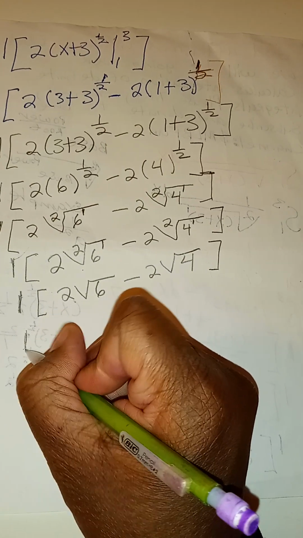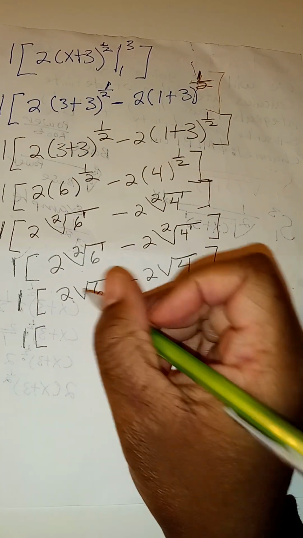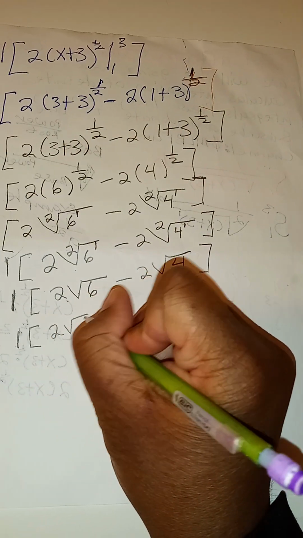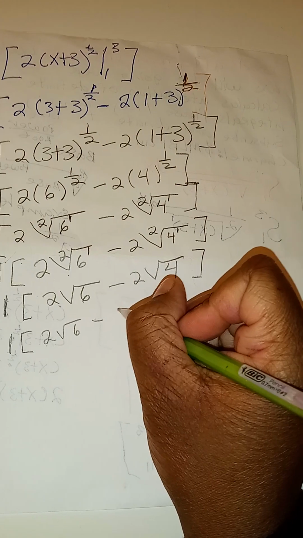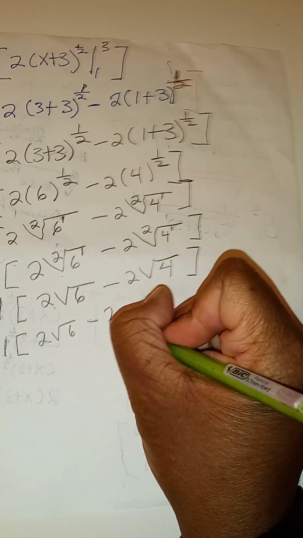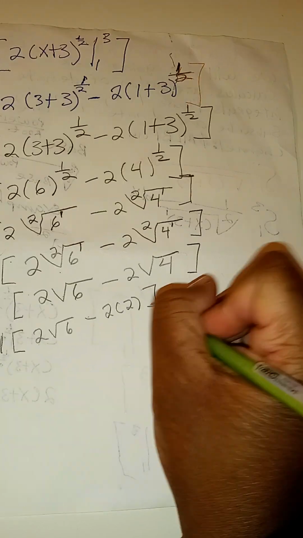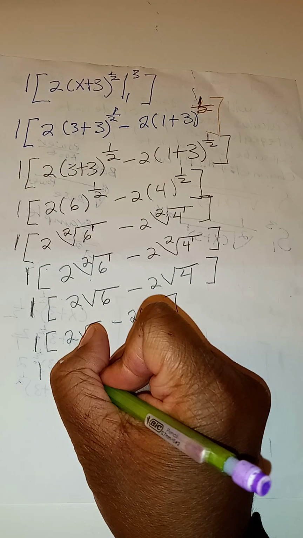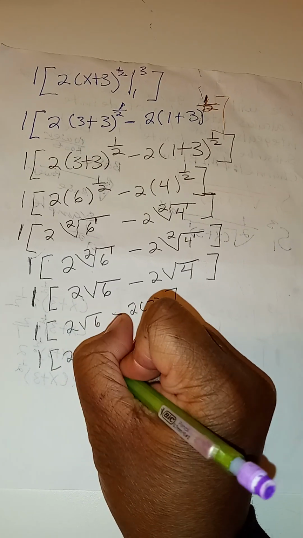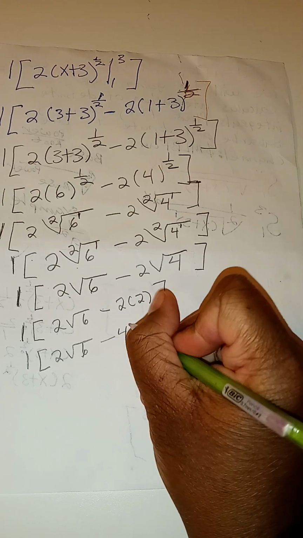So 1 times 2 square root of 6 minus 2 times the square root of 4. The square root of 4 is 2, so 2 times 2. So 1 times 2 square root of 6 minus 4.